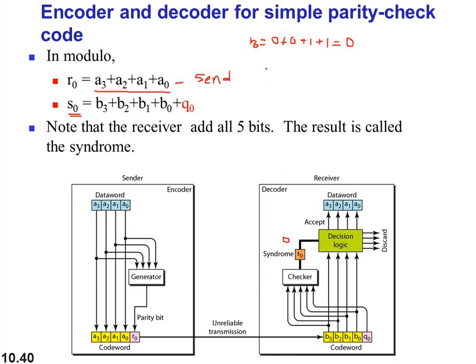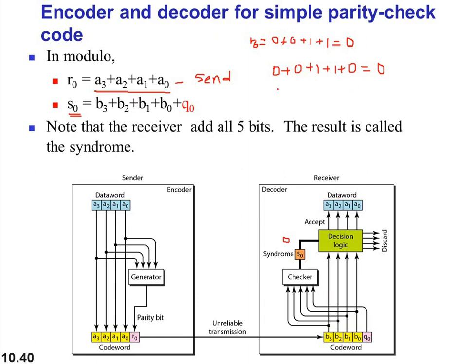Now at the receiver, again it is modulo 2 addition: 0 plus 0 is 0, 0 plus 1 is 1, 1 plus 1 is 0, and 0 plus 0 is 0. So the syndrome generated is 0. That means the code word is valid and the data is accepted.